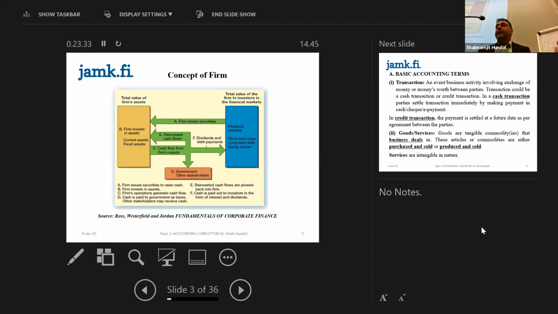There are many factors of success these days, but if you look purely from a financial point of view, then your return on capital should be more than the cost of capital. And if your return is more than the cost, you are a financially successful company.